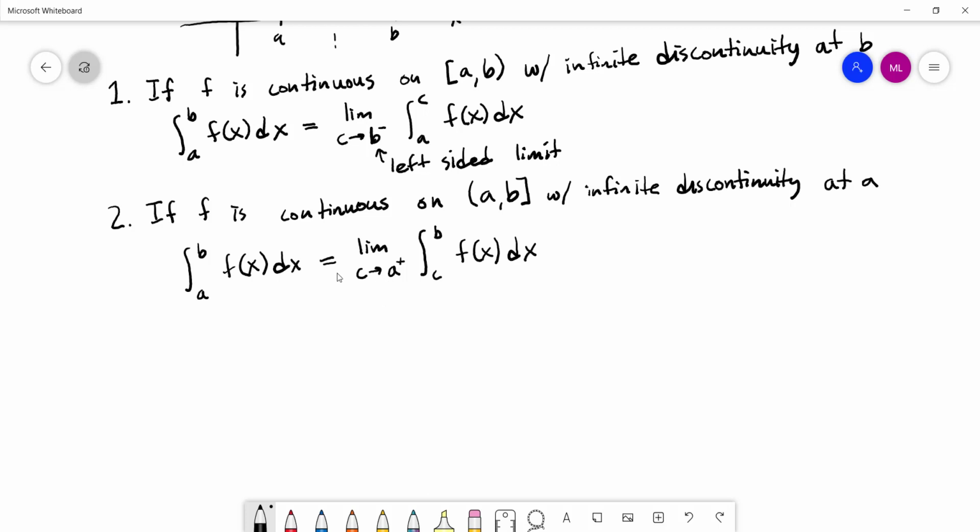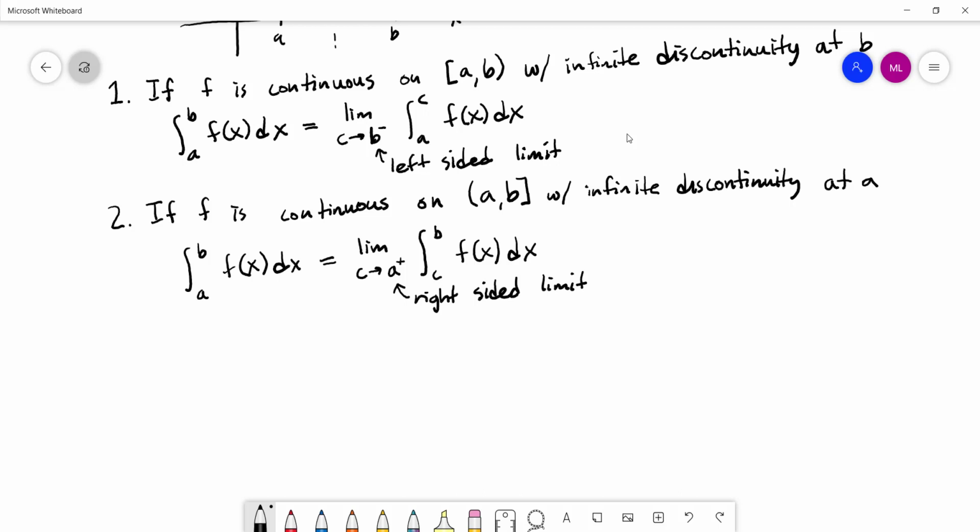So in this case, our discontinuity is at the left side. So instead of having my integral go all the way to the left side, I'm going to go just to the right of it. This is a right-sided limit. I'm not going to quite go all the way to that asymptote. I'm going to go just short of it.